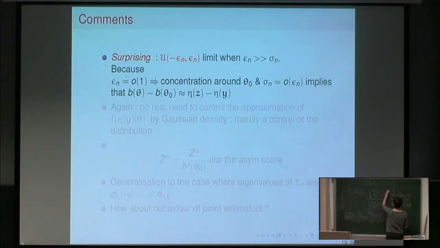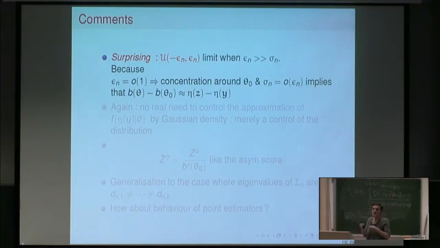So this guy here is like b theta naught minus b theta plus a big O p of sigma n. When you're interested to see whether it's smaller than epsilon n, because epsilon n is much larger than sigma n, essentially you're looking whether b theta naught minus b theta is smaller than epsilon n or not. That's a heuristic argument. You can make it more precise, but that's exactly what happens.